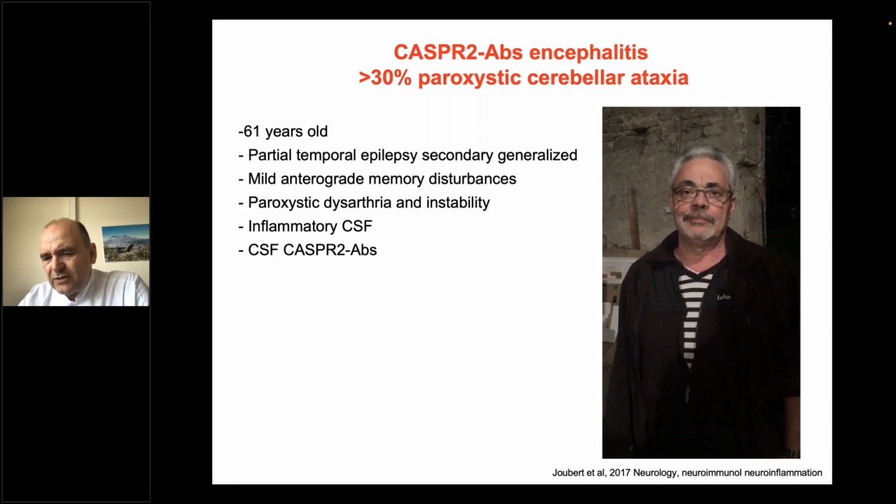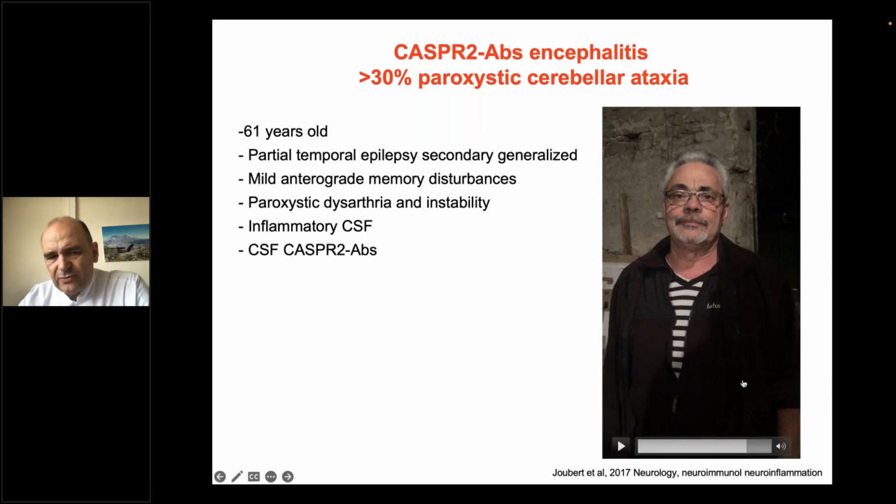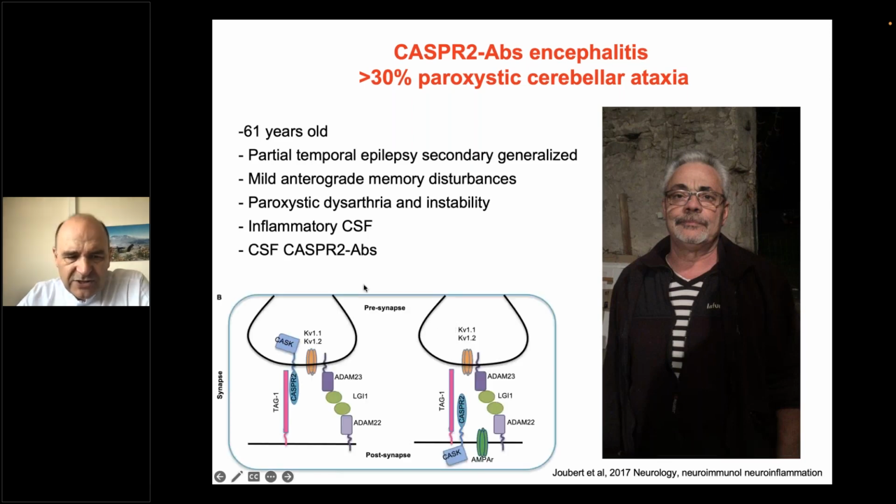After a few seconds, the dysarthria completely disappeared. These patients have no dysarthria. So it's a paroxysmal cerebellar ataxia, and it's very interesting because these kinds of symptoms have been described in genetics in patients with mutations of potassium channels.